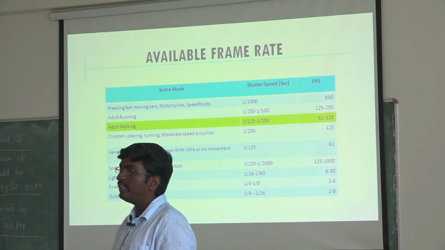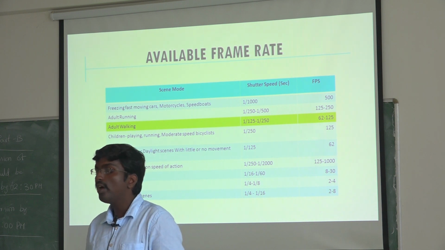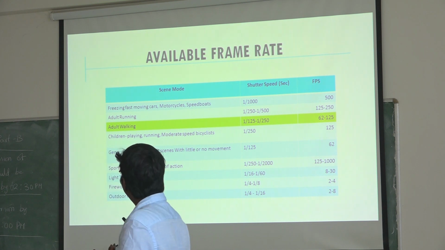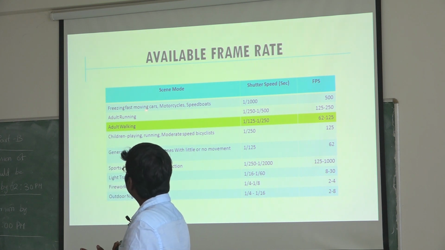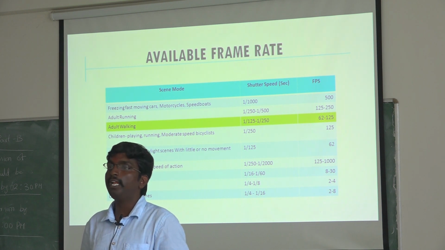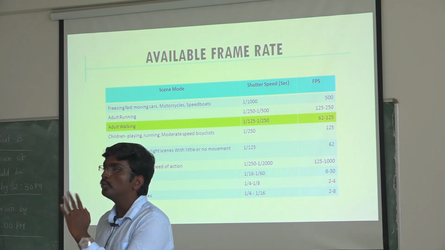So these are different scenarios. What about the different scenarios for the frames per second? In case I am capturing a video of fast moving cars, what should be the minimum frames per second, or what should be the shutter speed to capture a smooth video?